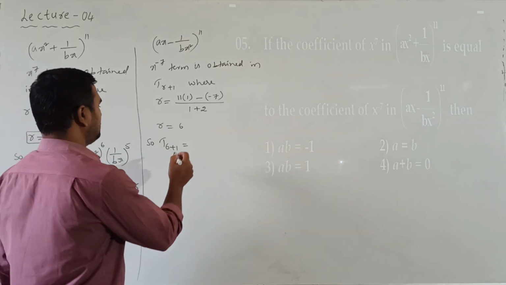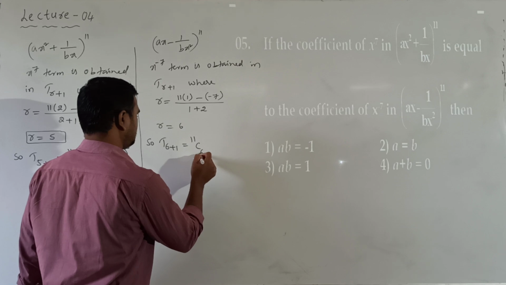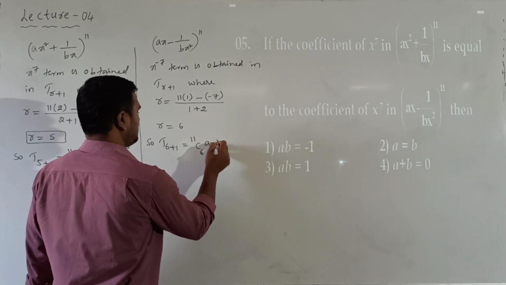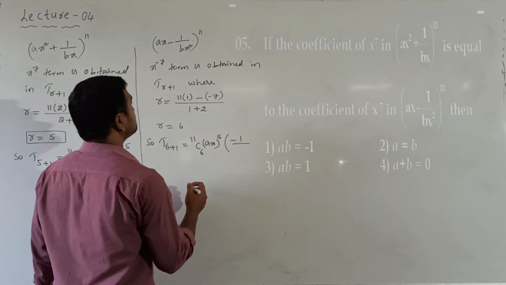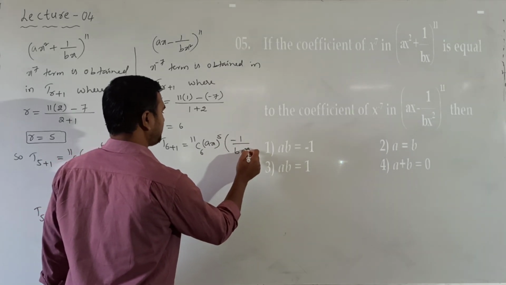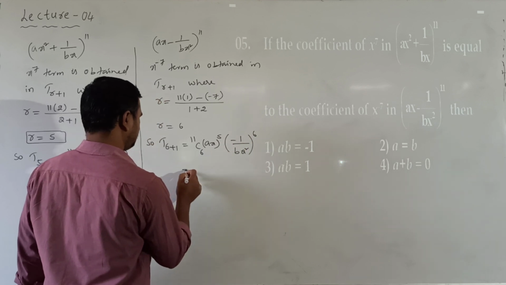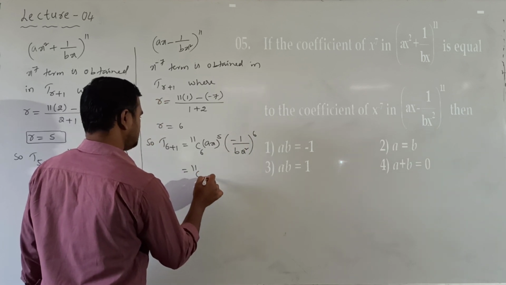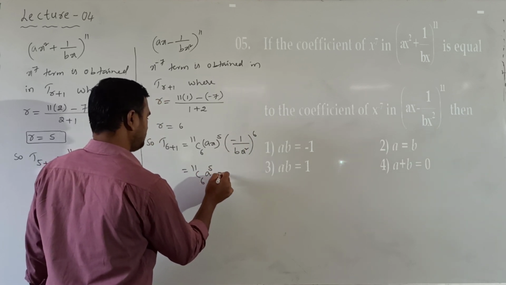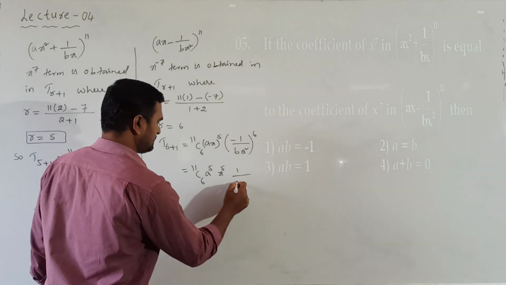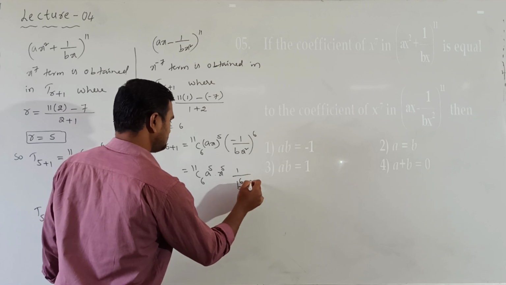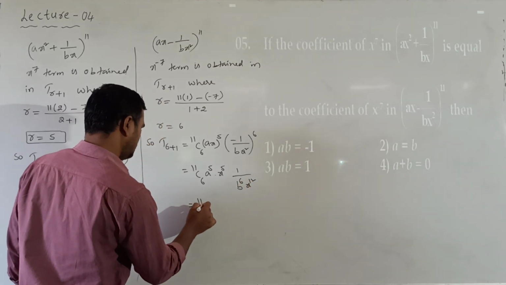11c6 (ax) power 11 minus 6 is 5, (minus 1 by bx square) power 6. So it is 11c6 a power 5 x power 5, minus 1 power 6 is 1, b power 6 to the power of 12.